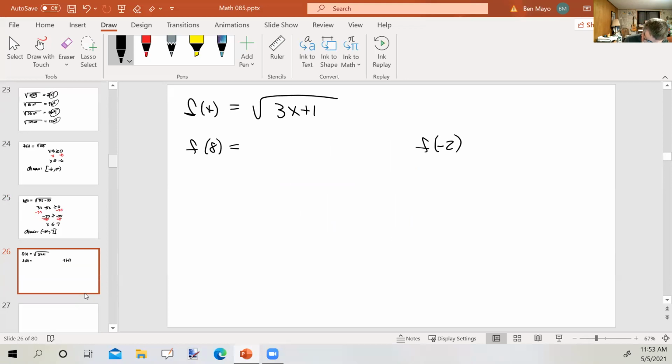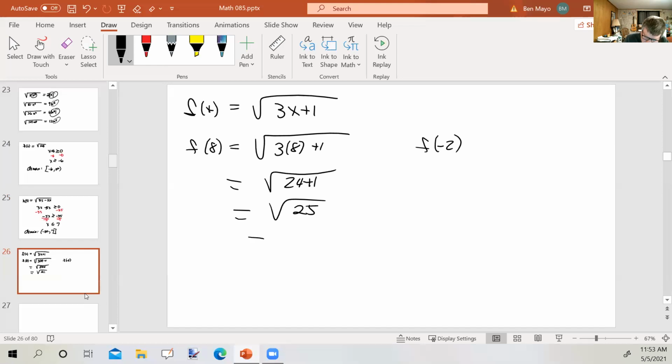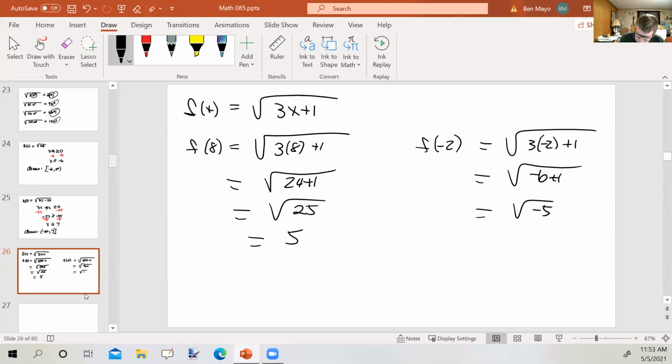So f of 8 would be the square root of 3 times 8 plus 1, which is the square root of 24 plus 1, which is the square root of 25, which is 5. F of -2 would be the square root of 3 times -2 plus 1, which is the square root of -6 plus 1, which is the square root of -5, which is not real.